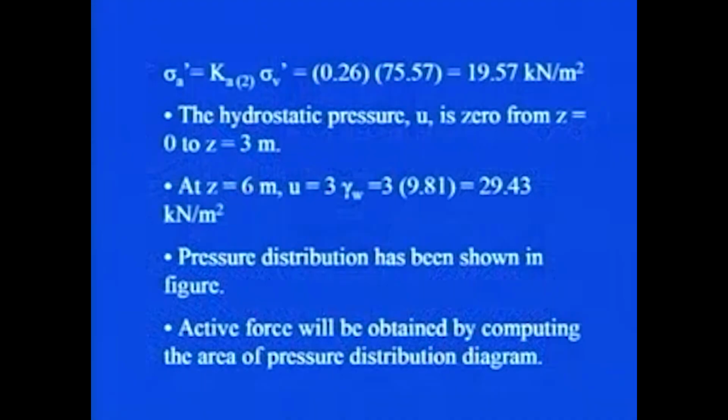Now, we have to draw the pressure distribution due to these pressures, which I will show you in the subsequent slide. As you know, once the pressure diagram is drawn, you simply take the area of that diagram and that will give you the total force per unit length of the wall.